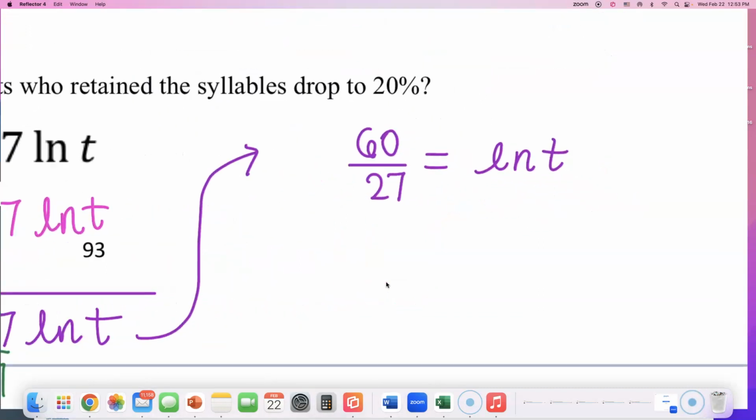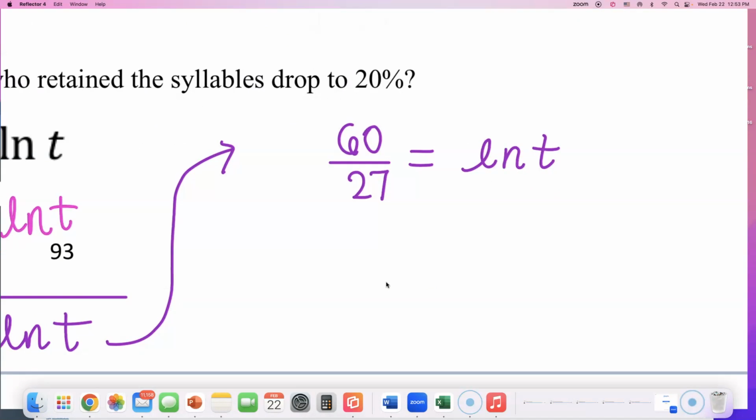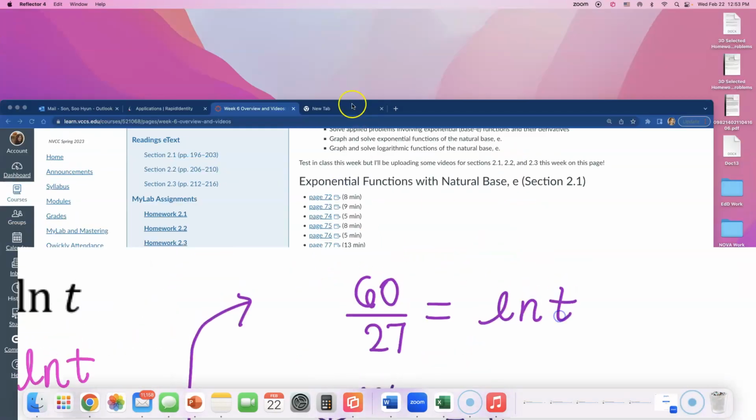To solve this for t, you need to rewrite this in exponential form. Exponential form for a natural log, the base is going to be e. The exponent is going to be 60 over 27, and this equals t. So let's figure out how many minutes this is. I need a calculator for this.